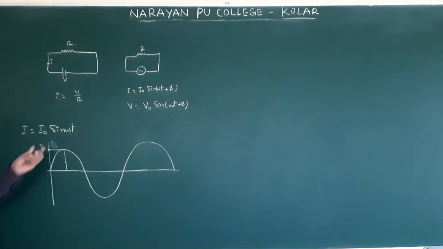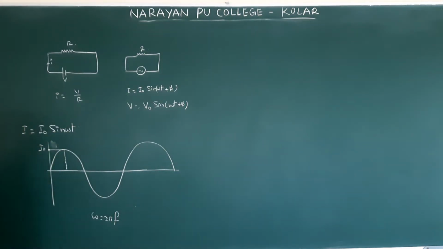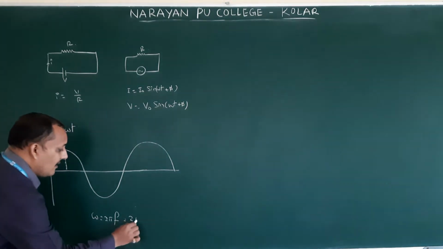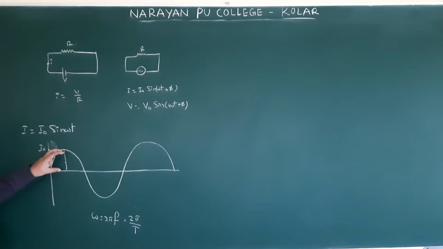So what is omega? You came to know it is angular frequency. Omega is equal to 2 pi f or 2 pi by capital T. This value we are calling the peak value.